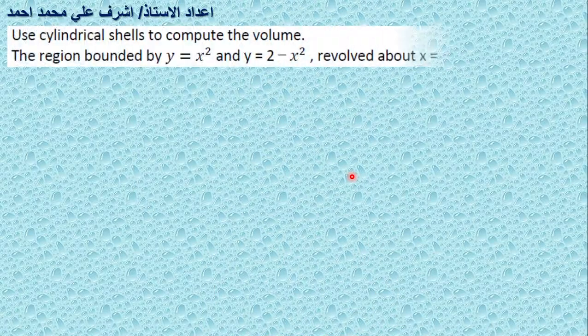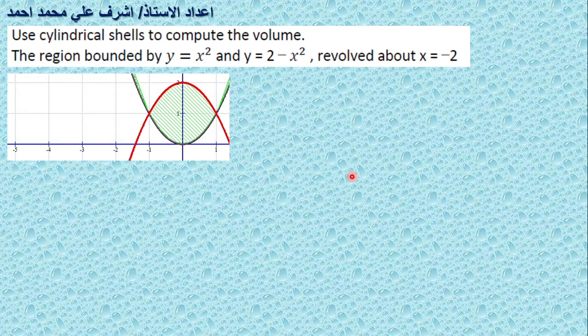Next question: use cylindrical shells to compute the volume of the region bounded by y equals x squared and y equals 2 minus x squared, revolved about x equals negative 2. We have to sketch, we have to graph.